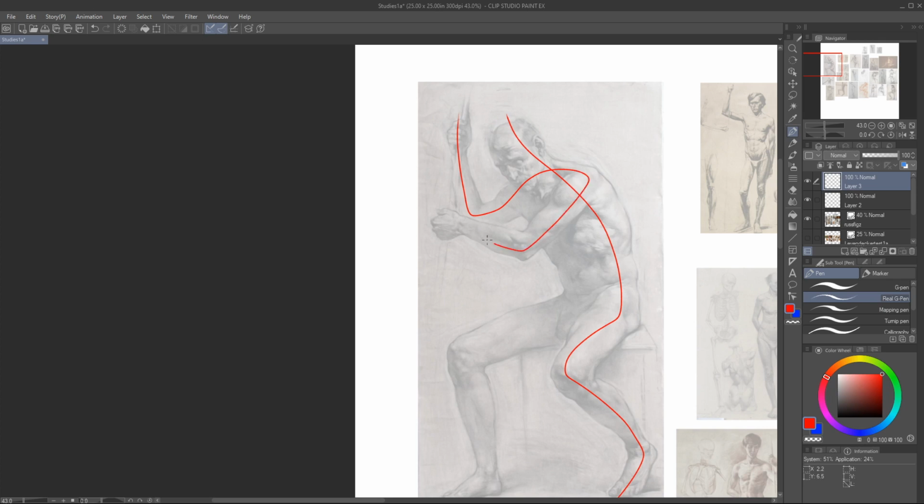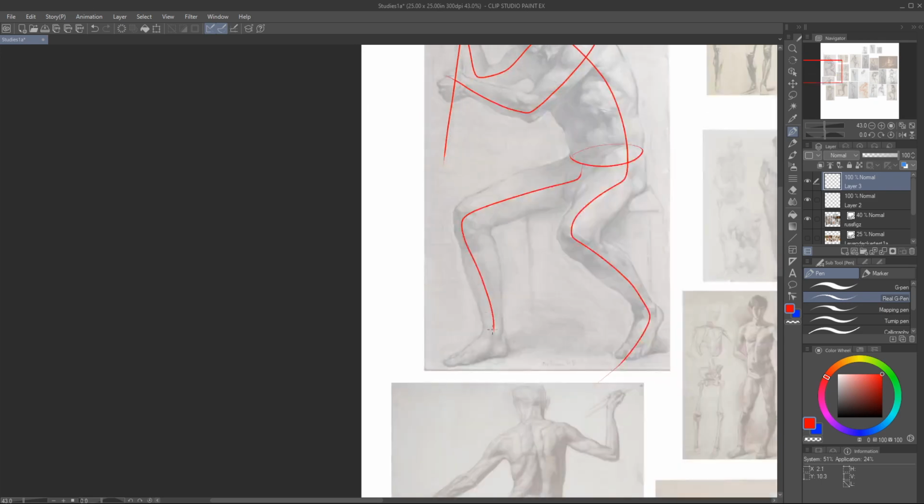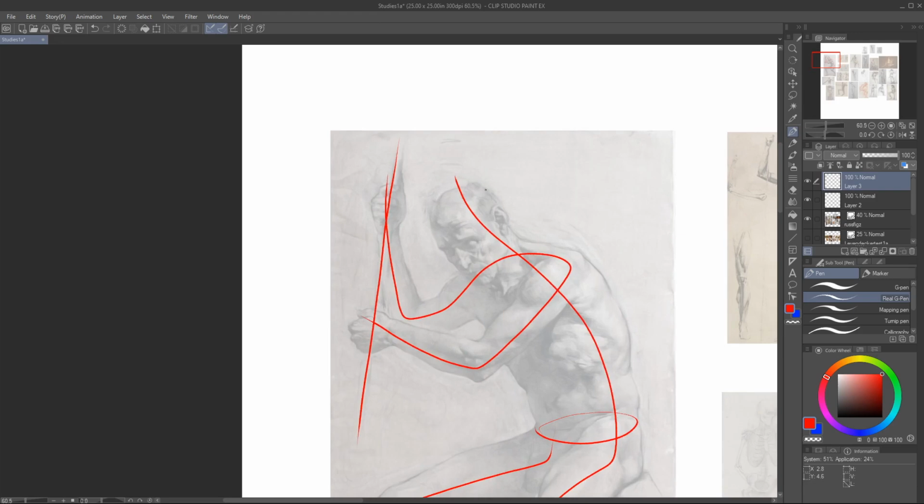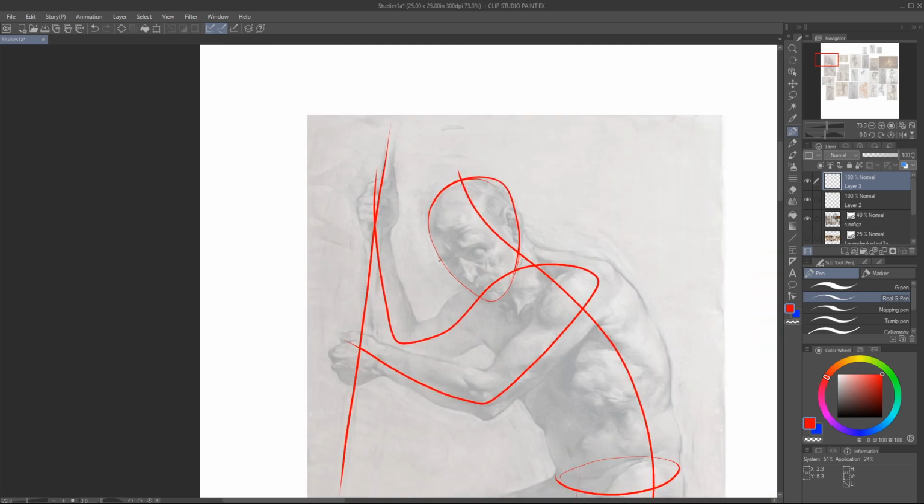On all of these, to be honest. I'm doing kind of an egg sailboat shape sort of thing here.